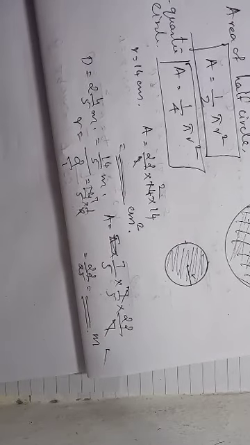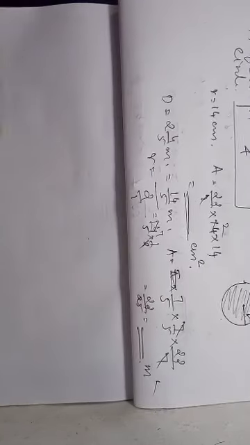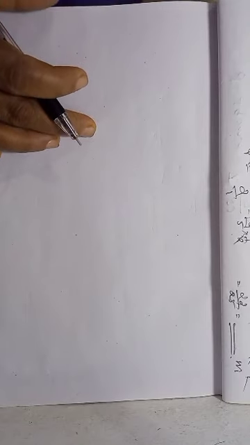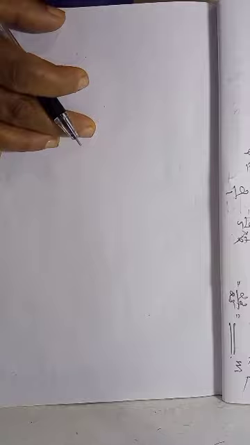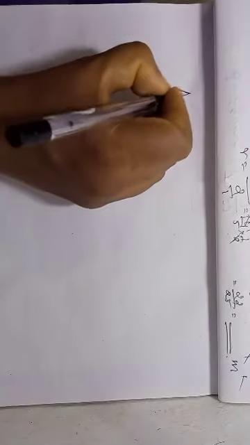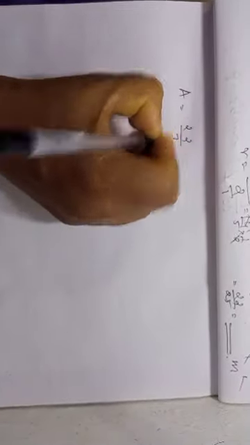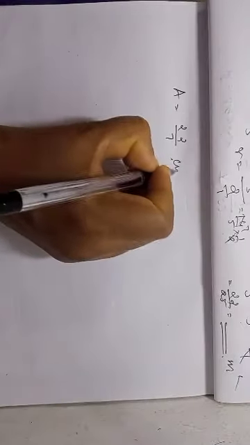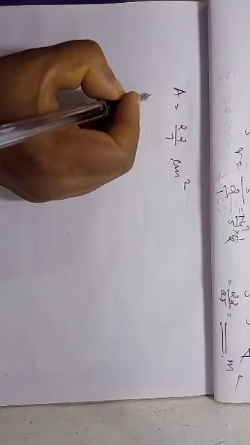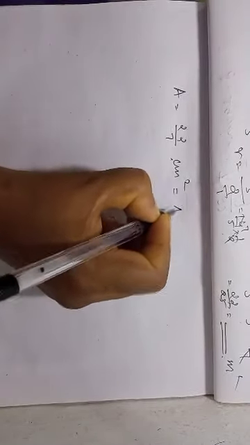Then some mixed number and decimal number questions are there in 14F. Taking pi as 22/7, find the radii of each of the following circles. Area of the circle is given, 22/7 centimeter square. We know area is pi r square.